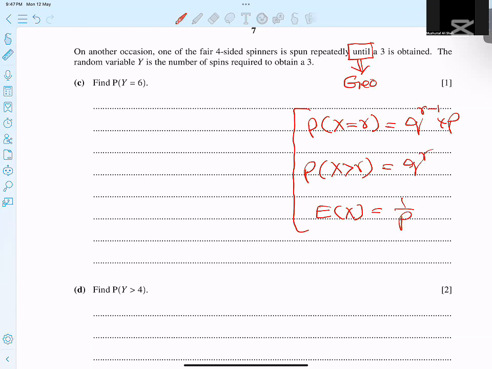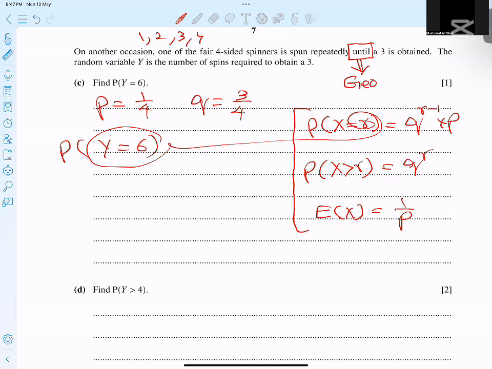Because my concern is 3, what is the chance of 3? So the probability of favor is 1/4, because 1, 2, 3, 4. So this is 1/4. And the probability of Q, I mean not favor, is 4 minus 1, 3/4. And my task is to get Y equal to 6. So I will use the upper formula.